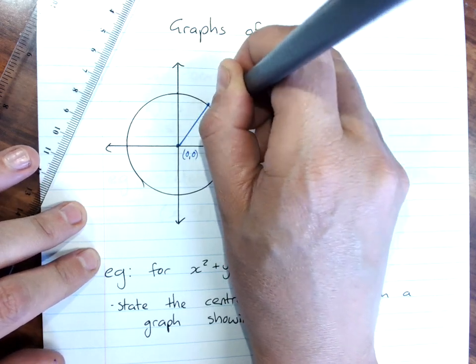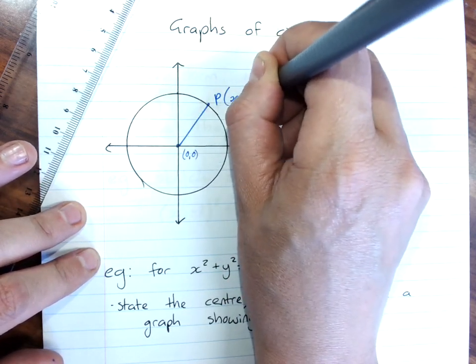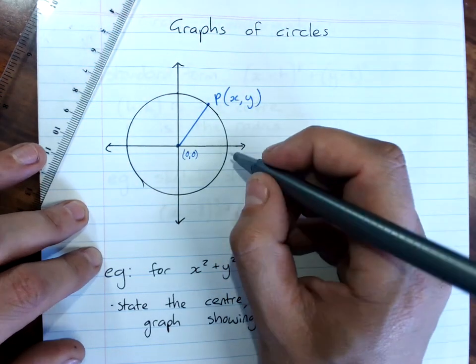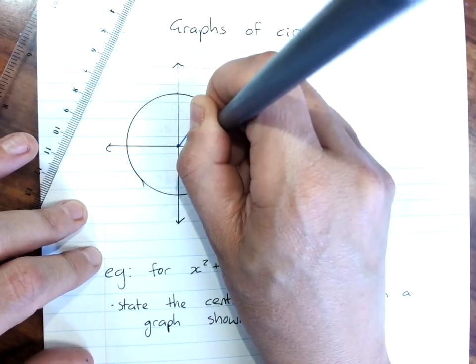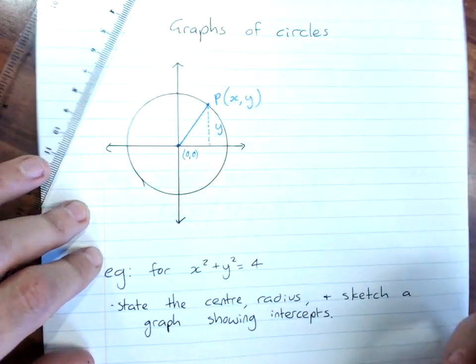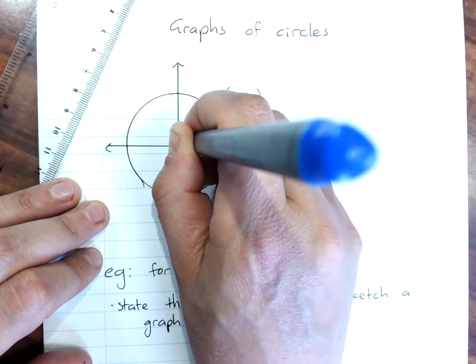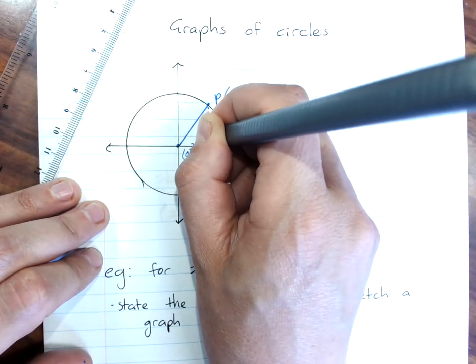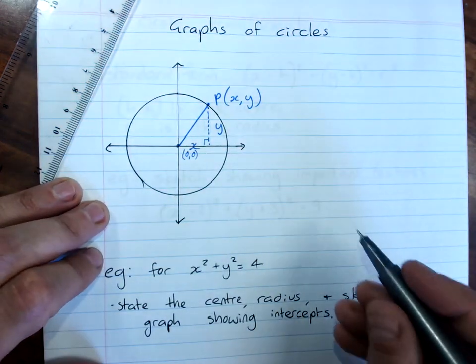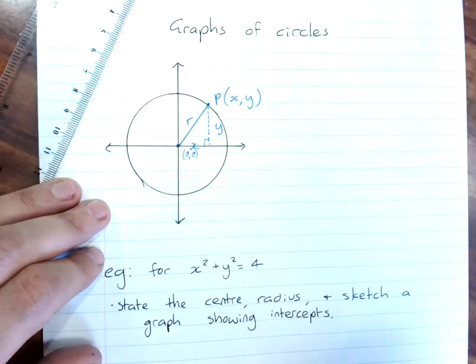Here is point P with the coordinates x, y. This is the y value. Here we have the x value, and those are at right angles to each other quite obviously, and this is the radius.